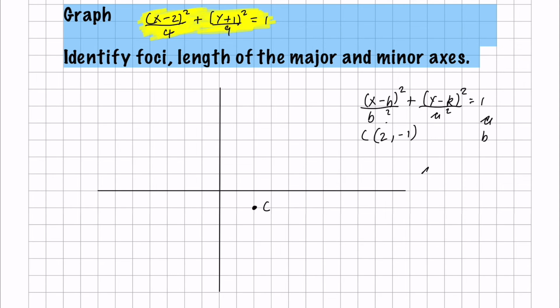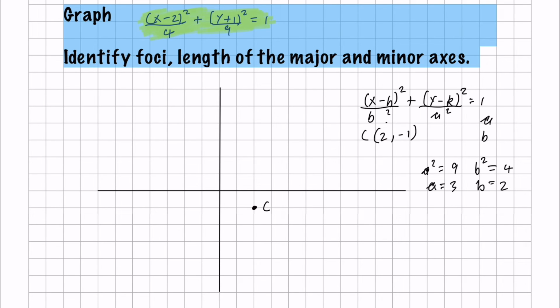Since a squared is equal to 9, a is equal to 3. Because we can't have negative distances, we disregard the negative 3. And b squared is equal to 4, which means b is equal to 2. Again, we disregarded the negative.